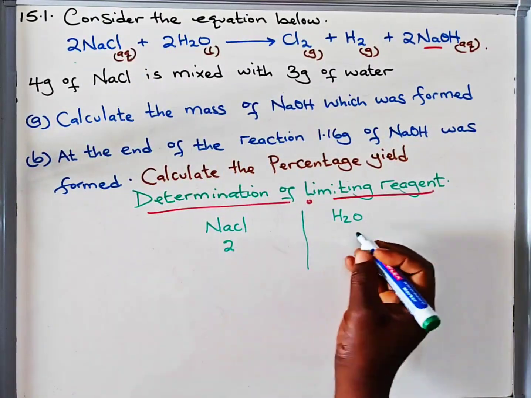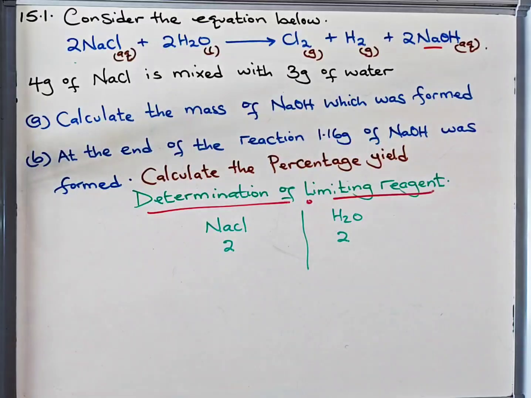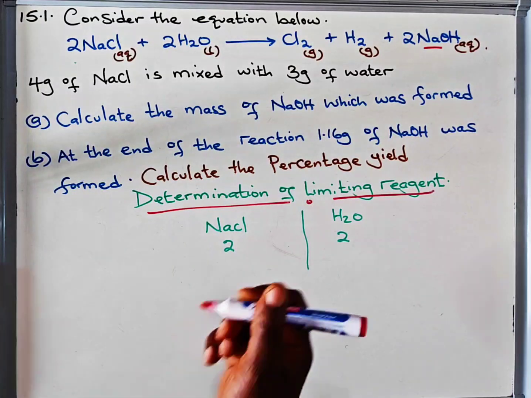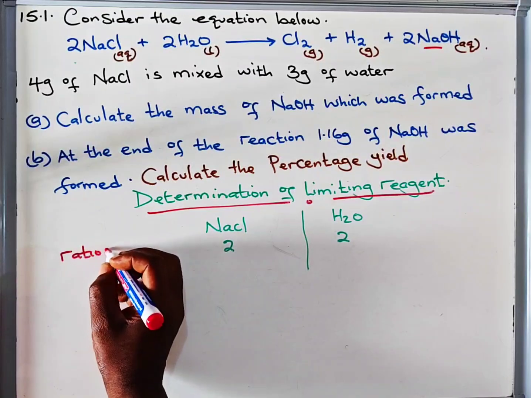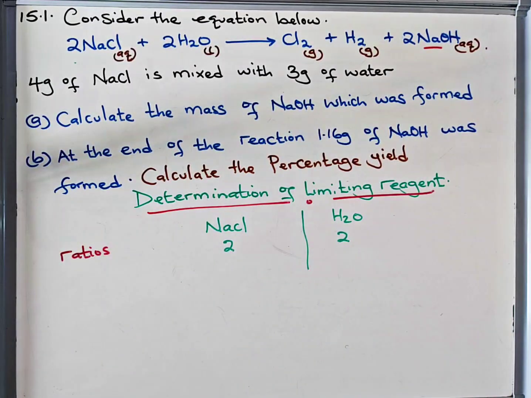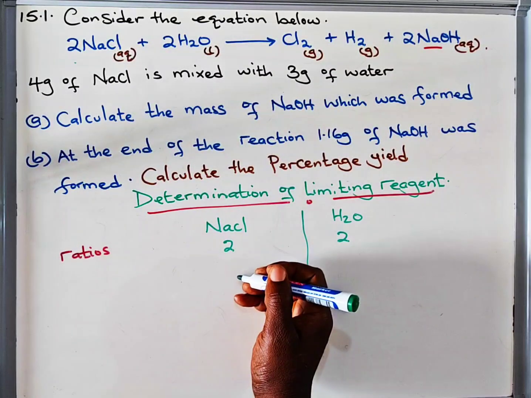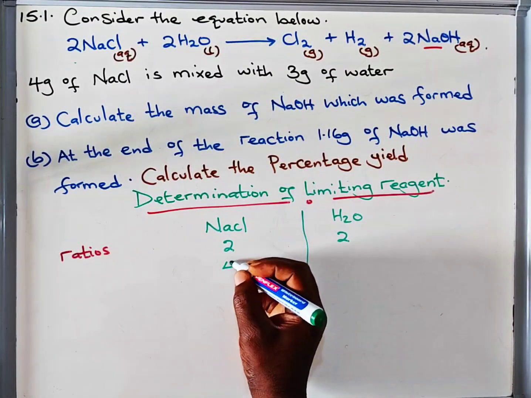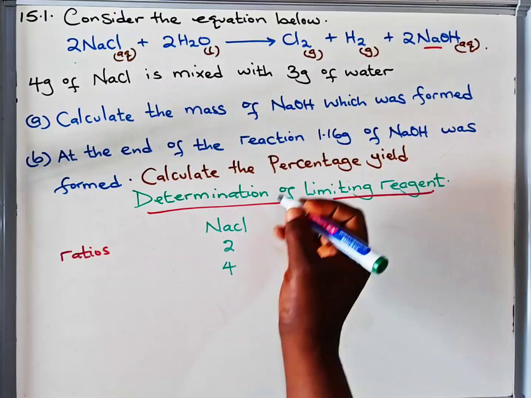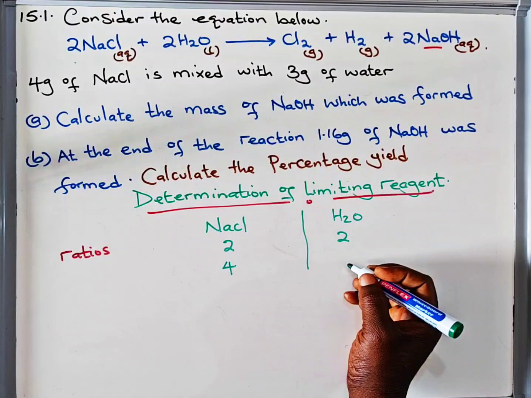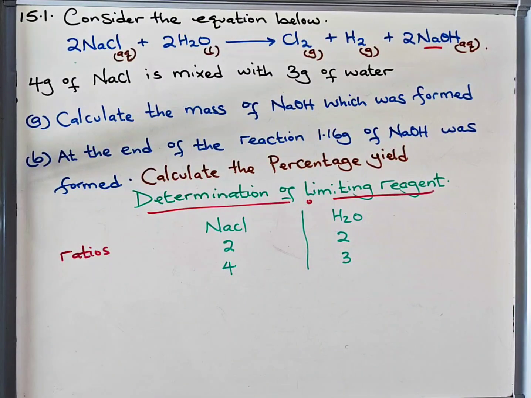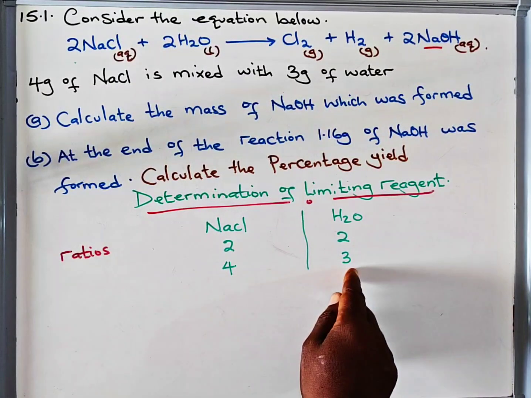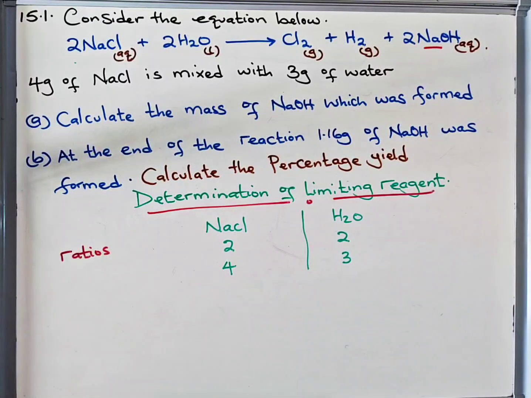It is 2 to 2. These are the ratios. Next one is to have the masses. For sodium chloride, it is 4 grams, while for water it is 3. Next is to get the number of moles of each.